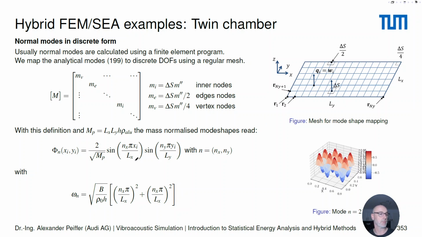With this mass matrix and adding all these things together, I can create the mode shapes, which are just taken from the analytical solution. So a very simple approach for rectangular flat systems. However, we need the mass matrix for some components to normalize our system here.